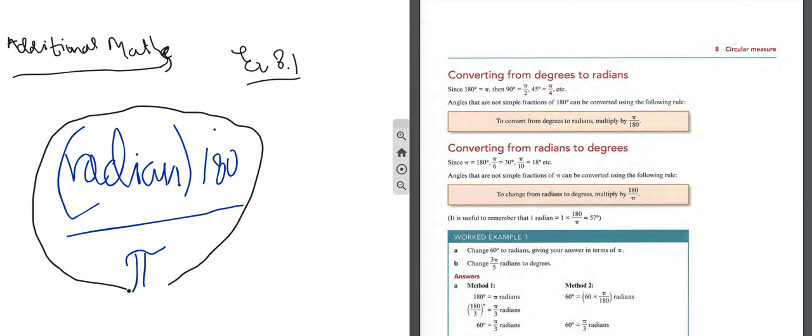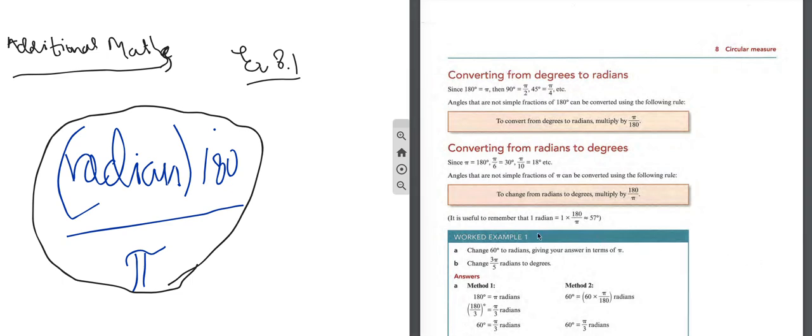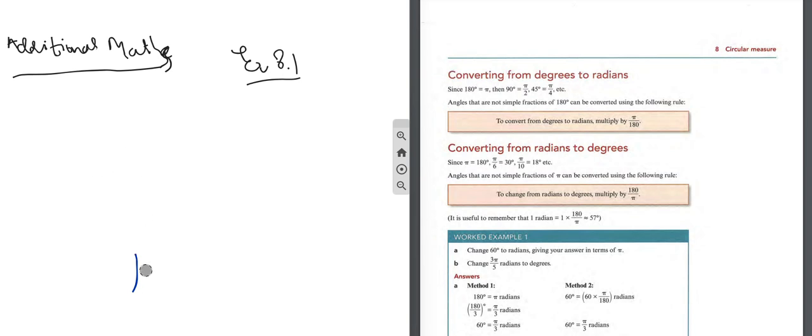This is how it is, and I think it is very easy to memorize. It's not very hard, and it is very useful to remember that 1 radian is always equal to 1 times 180 by pi, which is equivalent to 57 degrees. Please remember this, because if you can remember this, you won't have to memorize many of the formulas.